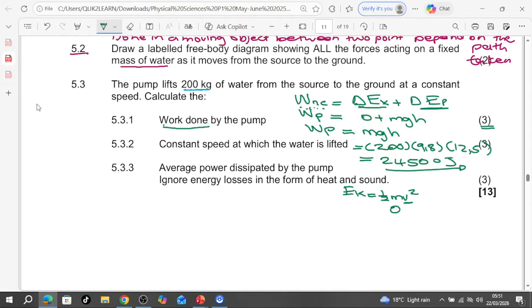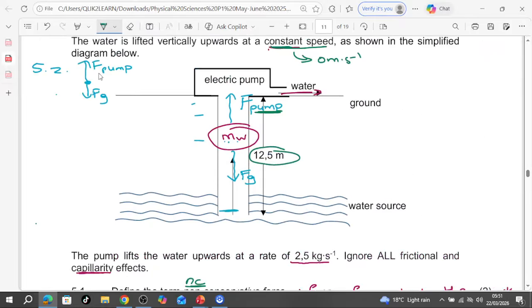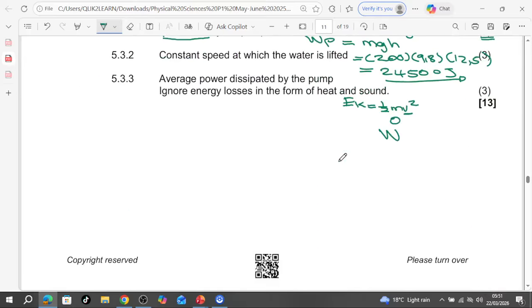Because someone might not prefer to use the work done by a non-conservative force. So let's say someone says the formula that I will go with is the work done by the pump. So this is F pump. We'll call it the F pump because it's the one that is doing the work, the one that is moving water from deep down up to the ground. It is the force of that pump. So let's write this so that we can get space.